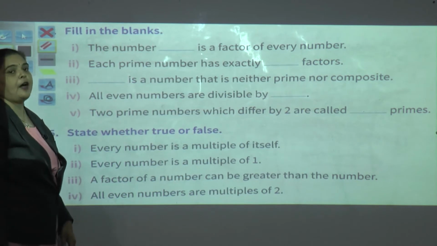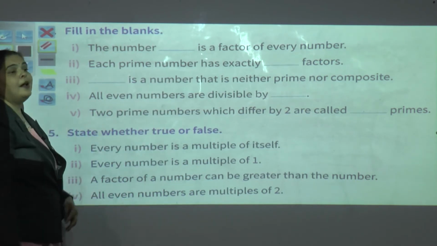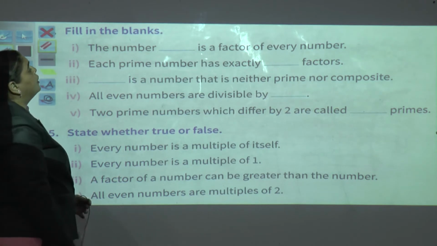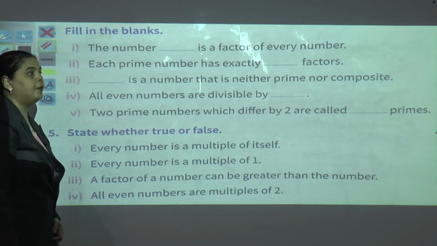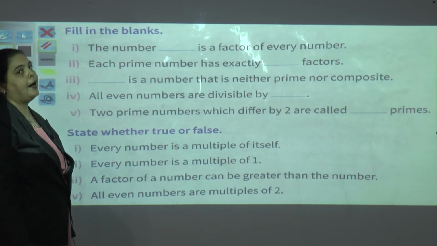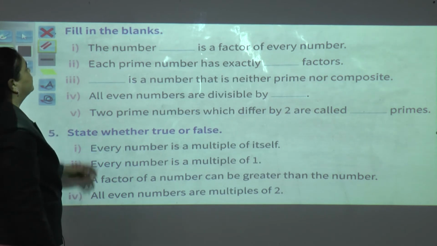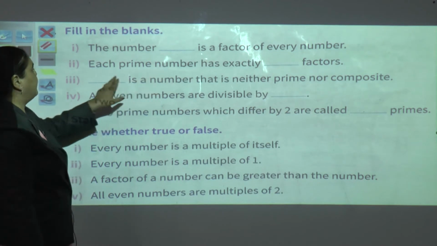Which number is a factor of every number? A few seconds ago I told you, 1 is. The number 1 is a factor of every number because each and every number is divisible by 1 and the number itself. So 1 is a factor of every number.